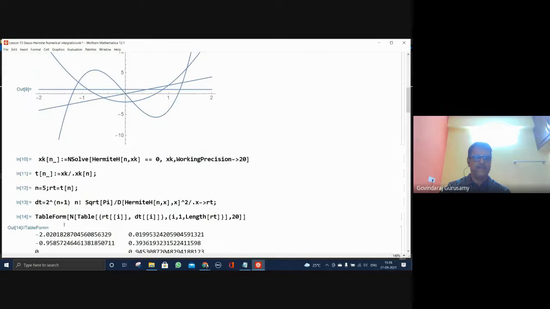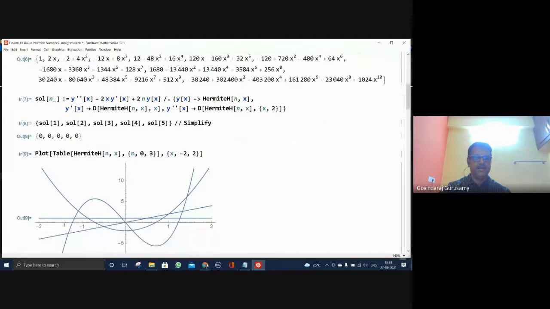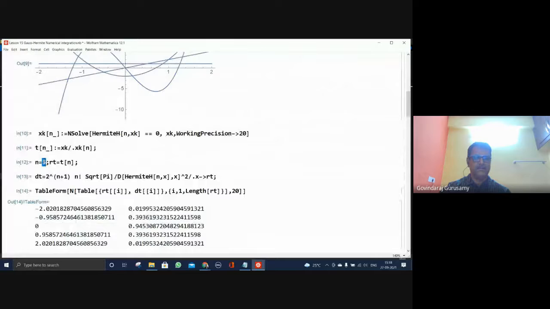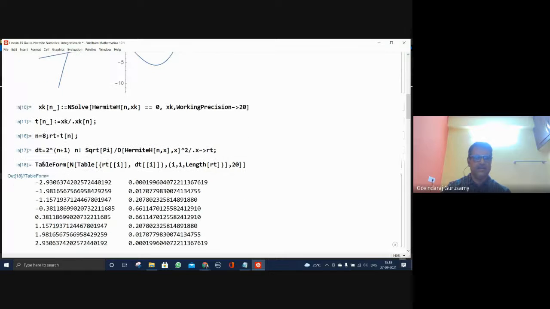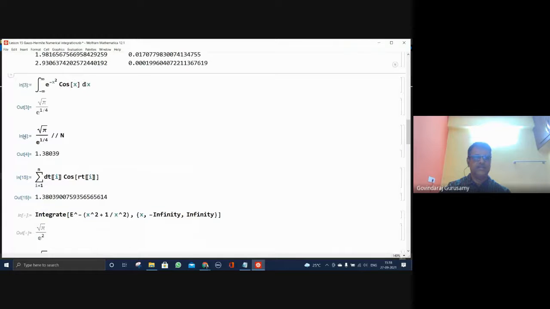Suppose I add 8, maybe a little bit, you have to compare with the other decimals you have here. Then you have to check whether they make sense or not.